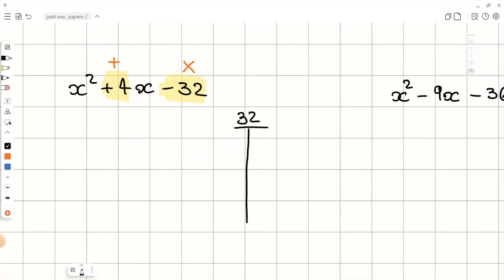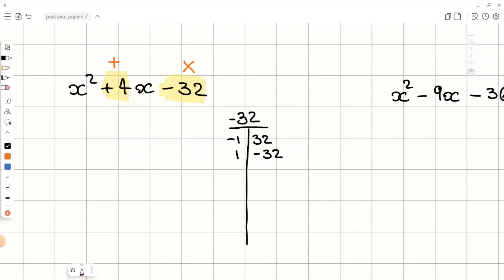So let's write down all the factors of negative 32. When we're looking at the factors of a negative number, we will always have one factor positive and another one negative, because we know that when we multiply a positive with a negative number, the answer is always negative. Now let's find the factors of negative 32. That could be negative 1 and 32, or 1 and negative 32.